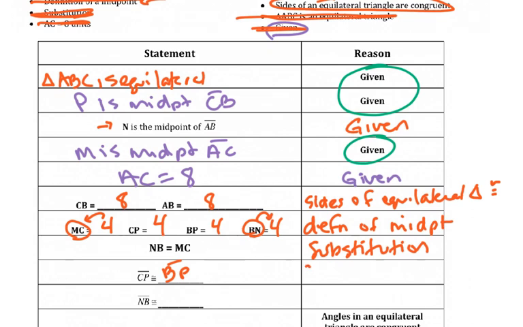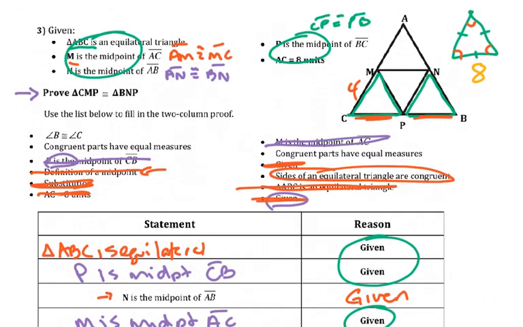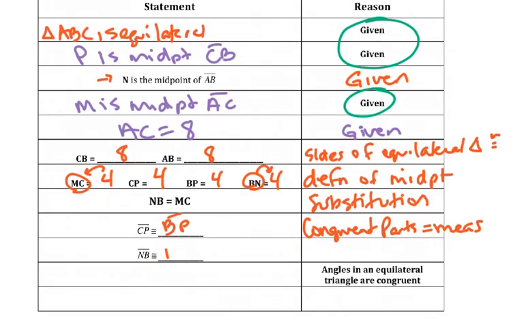And again, because congruent parts have equal measures, they're both equal to 4. And NB is congruent to, again, look at your picture, NB is congruent to MC. Now I could have put both of those in the same box because they have the same reason.